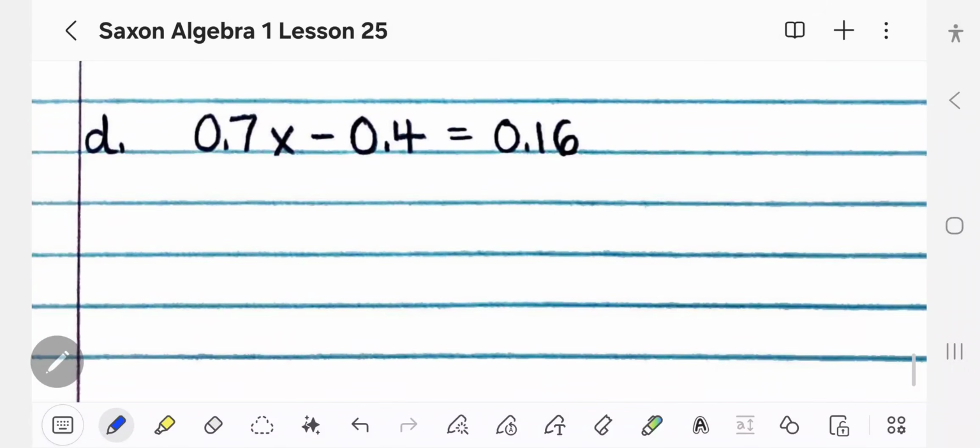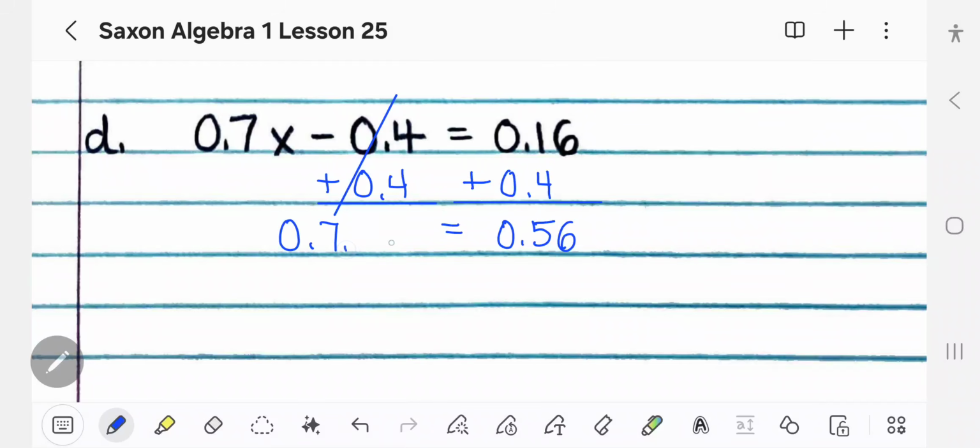All right, D. If I knew what x was, I would multiply it by 0.7, and then I would subtract 0.4. But I don't. So I'm going to add the 0.4, the 4/10. That's going to cancel out. Let's quickly come over here to keep it balanced. I'm going to get 0.56.